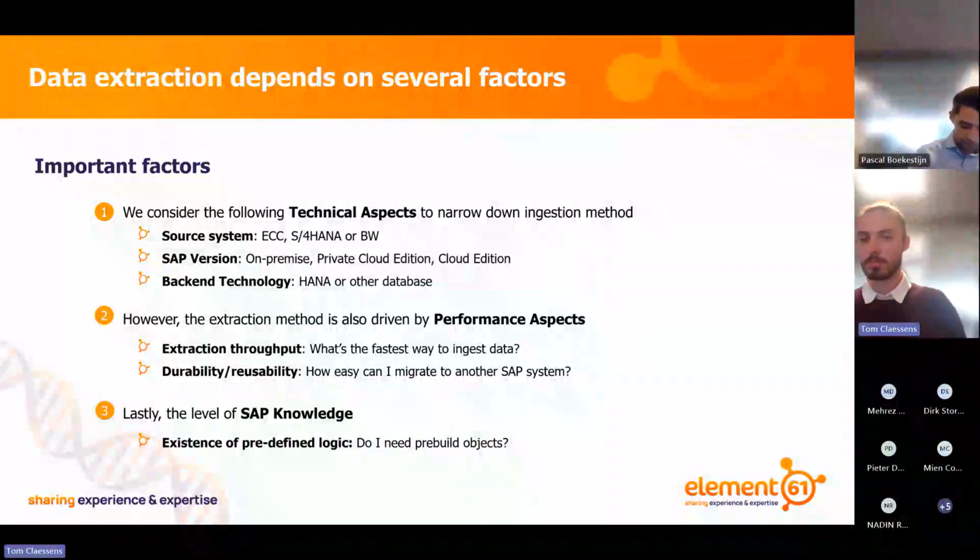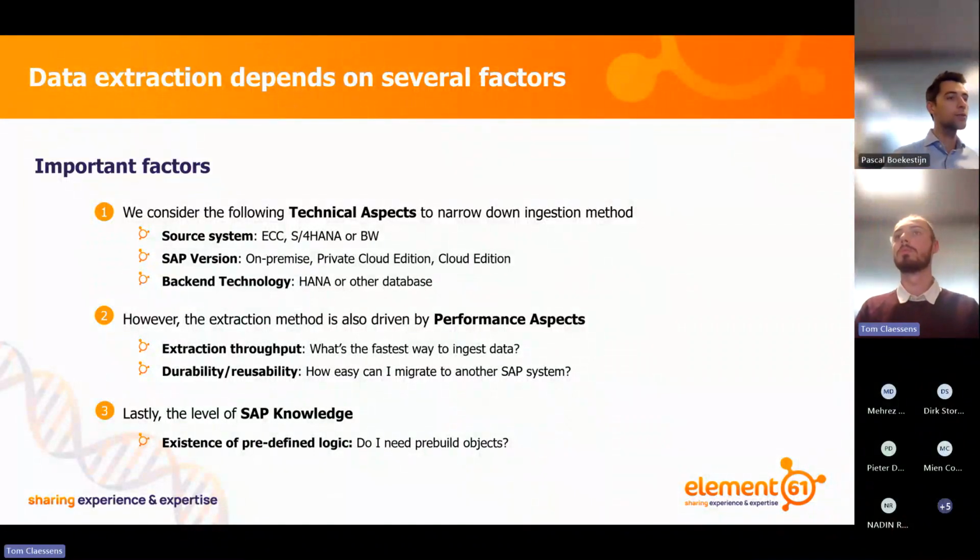And of course, the backend of these sources is also important, although most of the SAP clients are already running on a HANA database. It still occurs that there is some SQL or DB2 present, and that will also have an impact on how we will work with extracting the data.